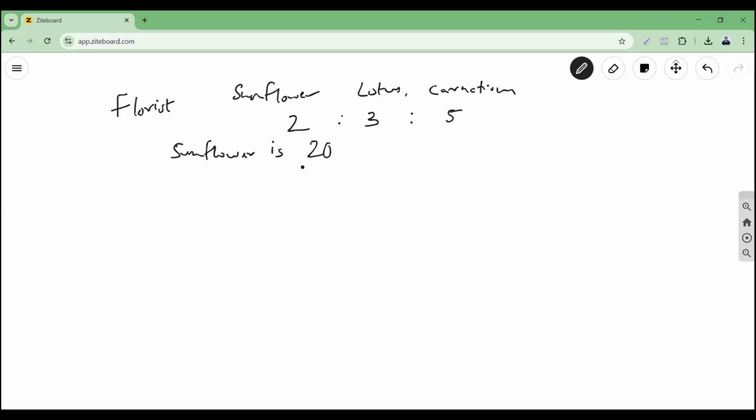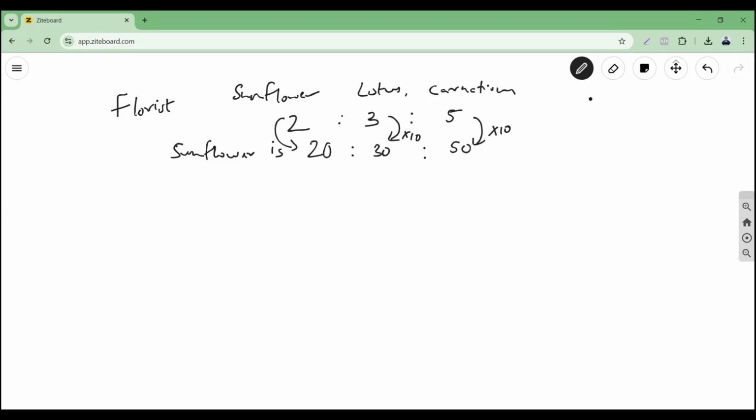You can, because 2 times what gives me 20? 10, right? So lotus is going to be 3 times 10, which is 30, and carnations also 5 times 10, which means 50. Only then will this ratio be maintained. You have to understand that also.